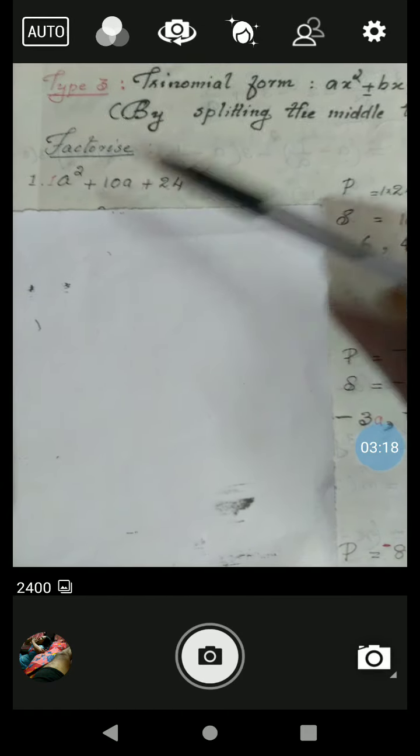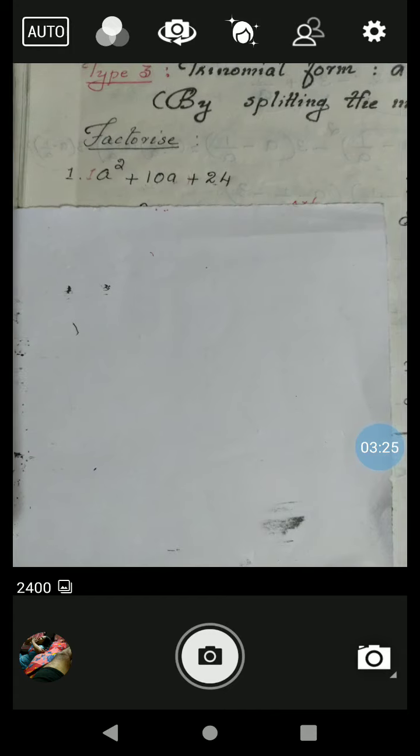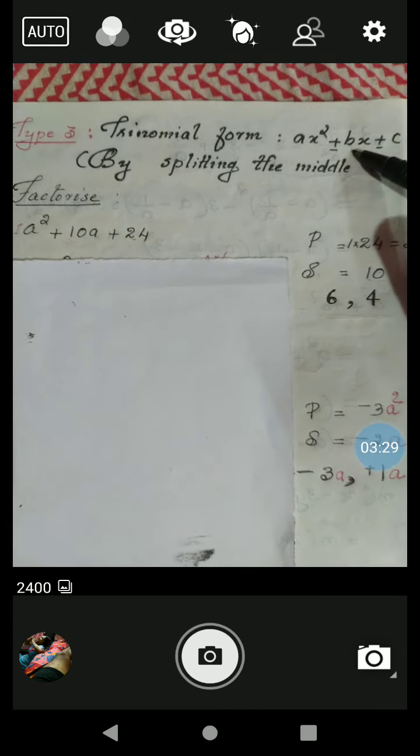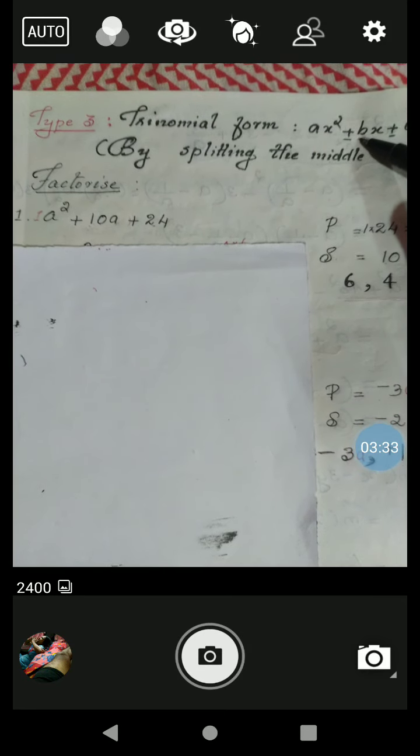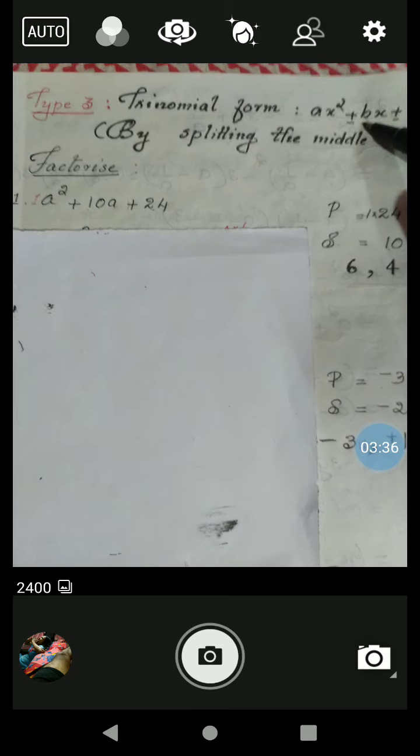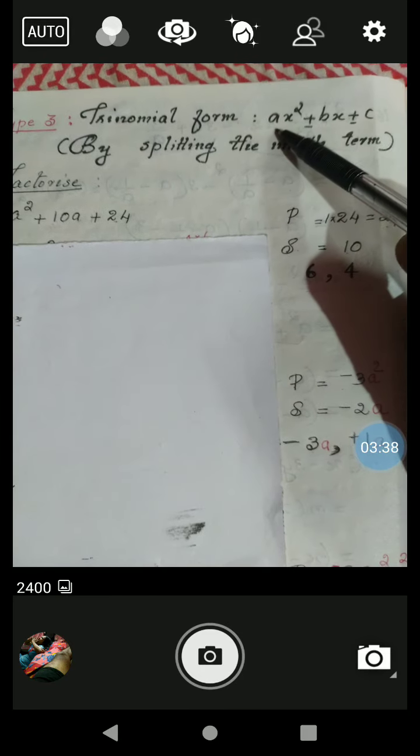Here 10a is the middle term. Split it into two parts such that the sum of these two parts is equal to b and the product of these two parts is equal to the product of a and c.